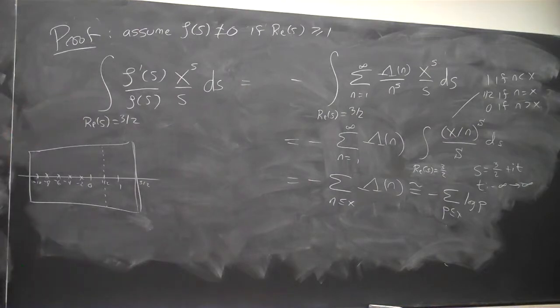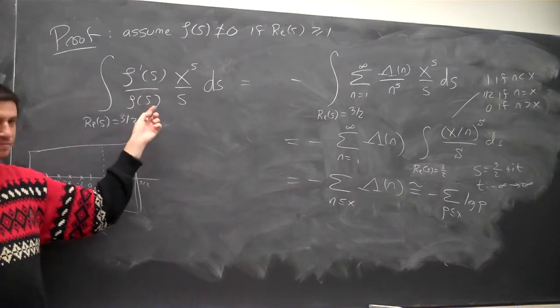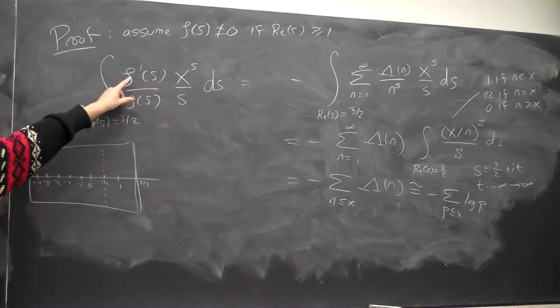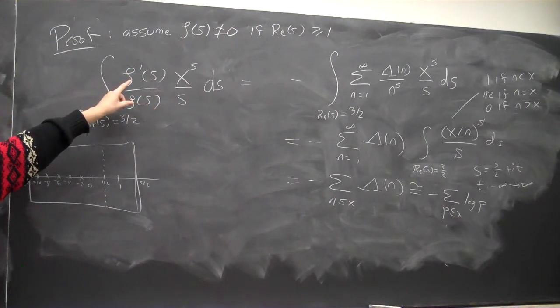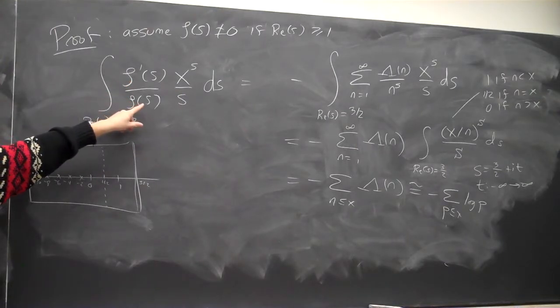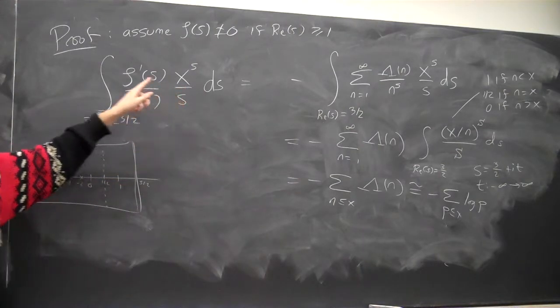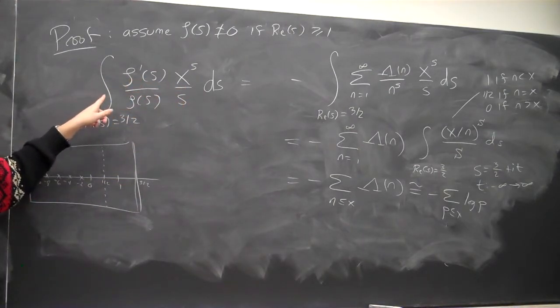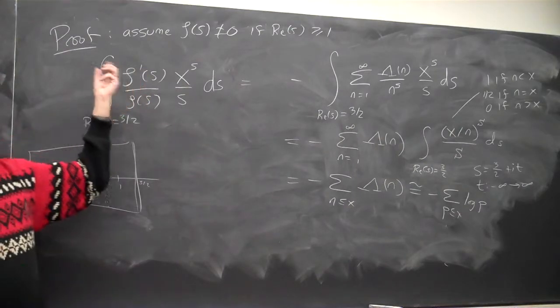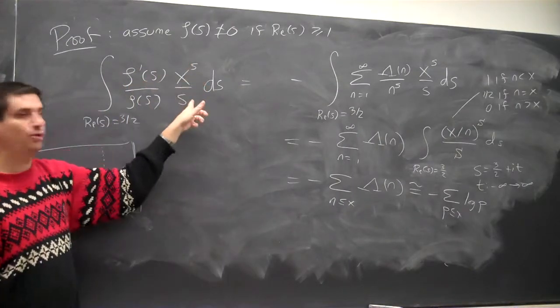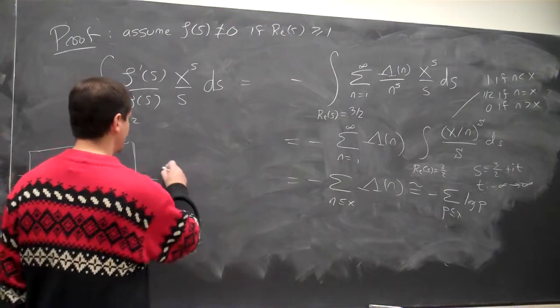If it's a zero, it's a +1 times the residue. That's from the zeta prime over zeta. The zeta function has a pole at s equals 1 of order 1 with residue 1. So when s equals 1, as I move my contour over, I get a contribution. The contribution is going to have a negative sign. The residue of the zeta function is just going to be 1, and then x to the 1 over 1. So I get a contribution of -x.